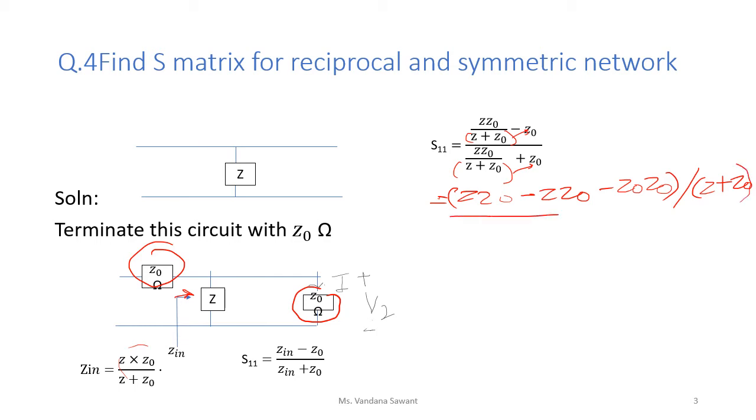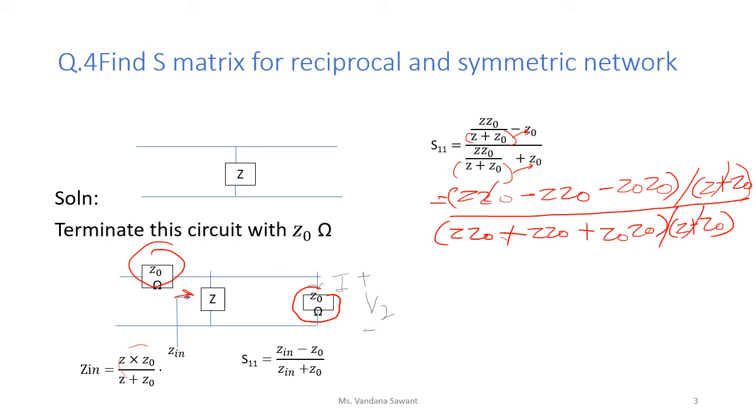Divided by, we will do this multiplication here also. So that will give you Z Z0 plus Z0 into Z0, whole divided by Z plus Z0. So now in this equation Z plus Z0 and Z plus Z0 will get cancelled.